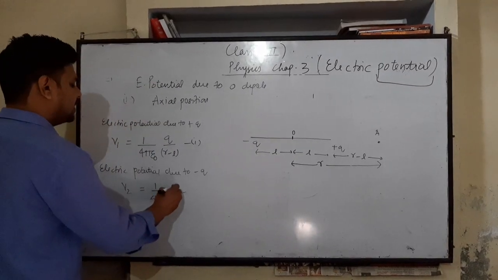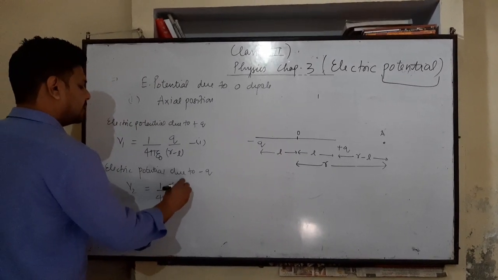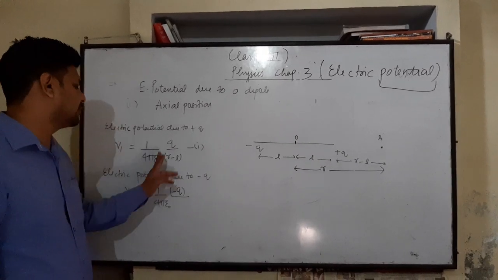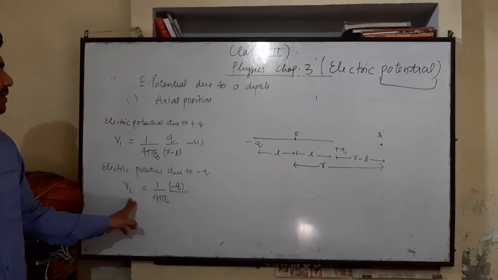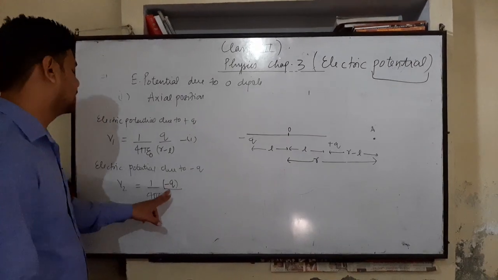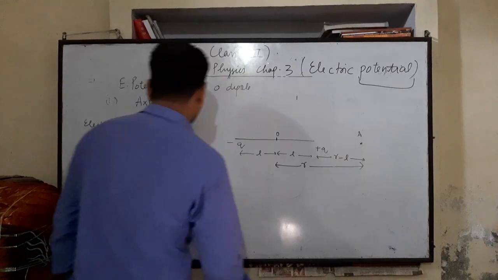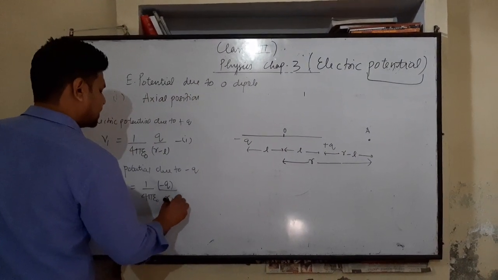We have to put the value of charge with sign. I have told you, this is a very important part. In this formula, we will use the value of charge with sign upon distance. Distance between charge and observation point will be r plus l.